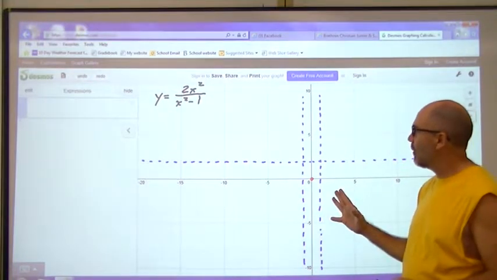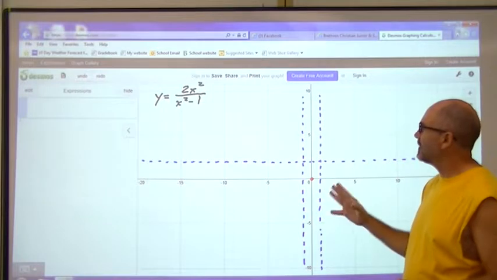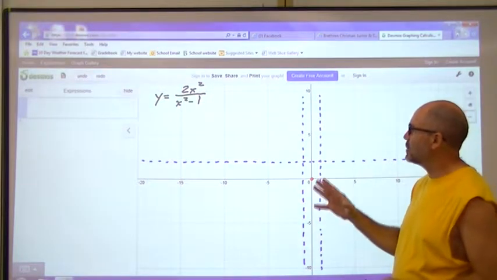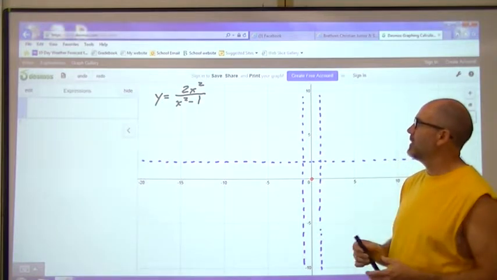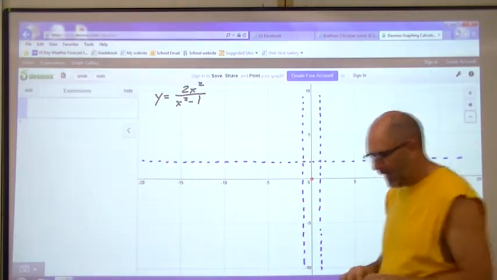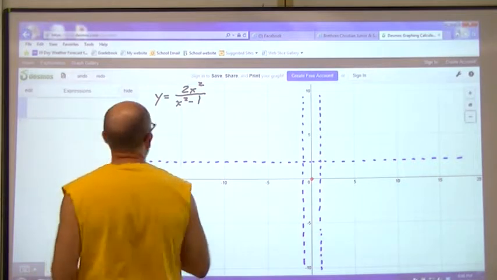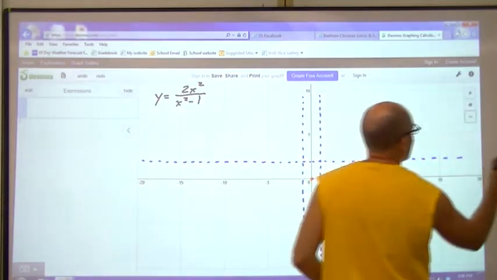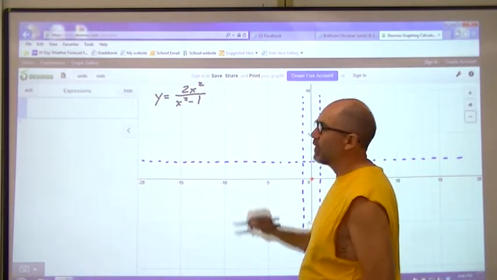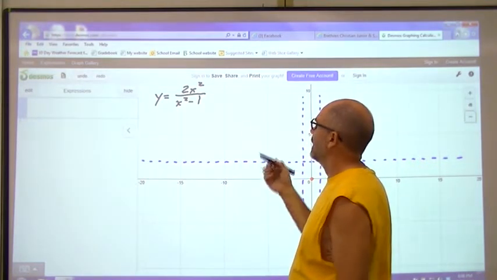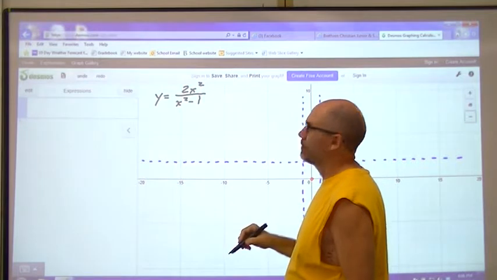So now we're going to say, let's find where this function increases and where it decreases. So, time to take the derivative. And let's get these back in black. Okay, so the derivative, we need the quotient rule.